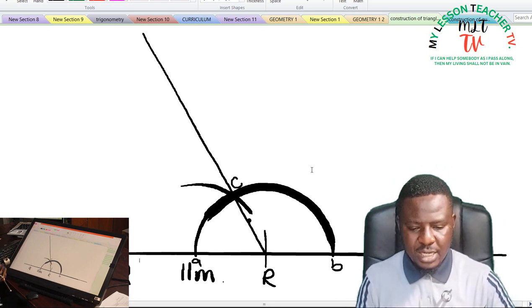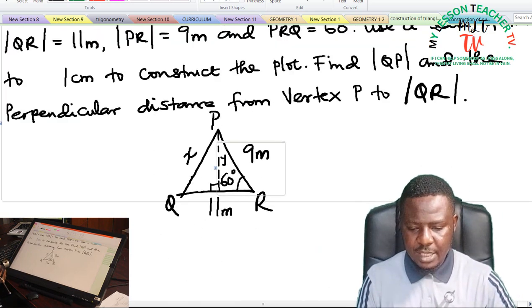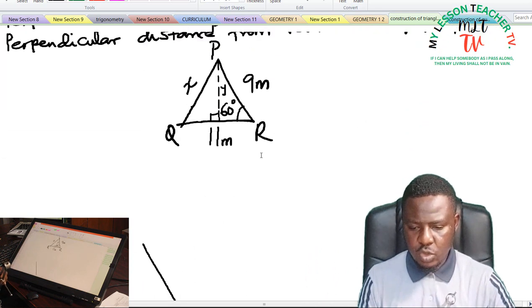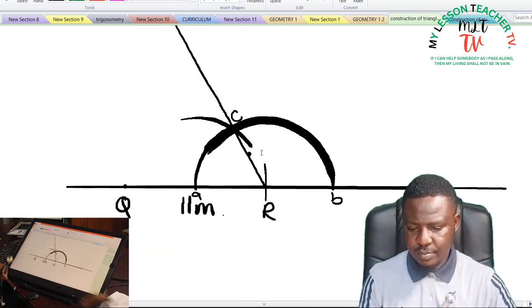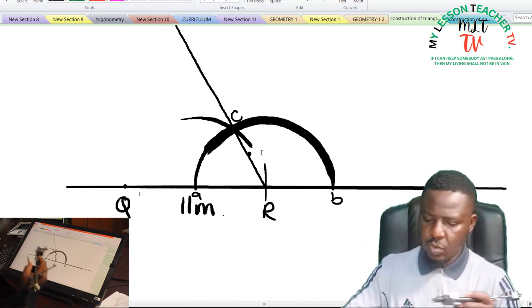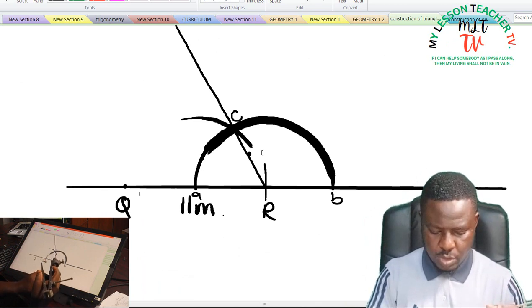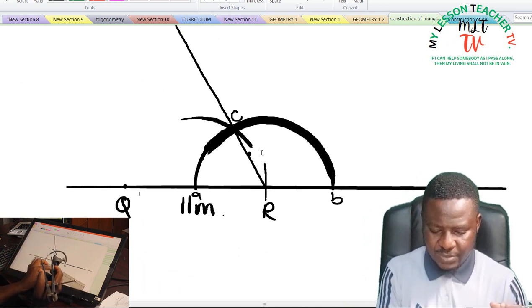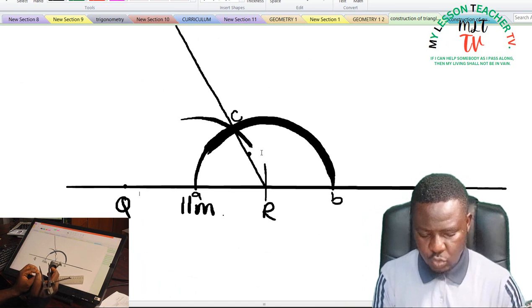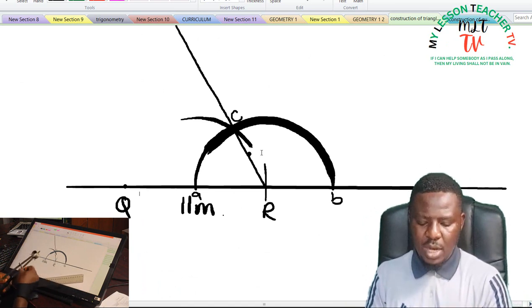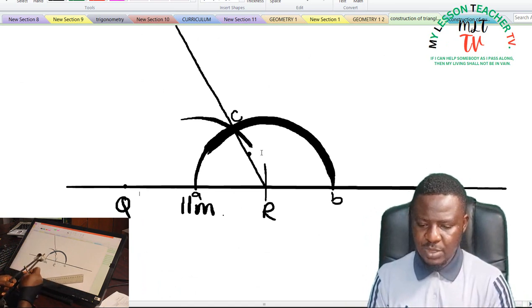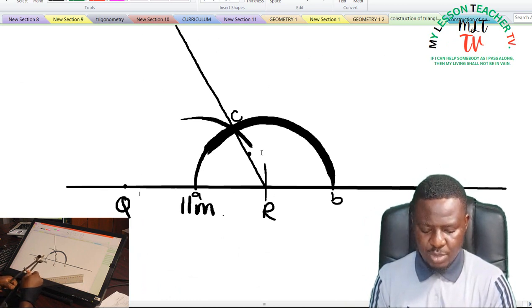So remember, we said line PR is said to be 9 meters. So I'm going to measure 9 meters with my rule, which is equivalent to 9 centimeters because I'm using a scale of 1 to 1. That is to say, 1 centimeter on my construction represents 1 meter on the graph.